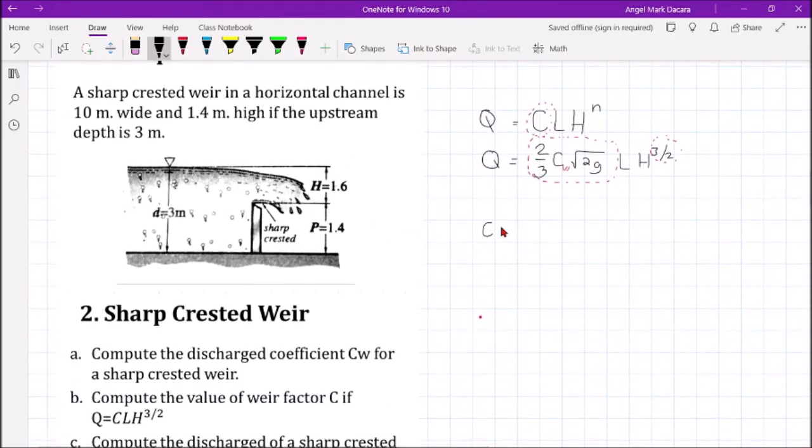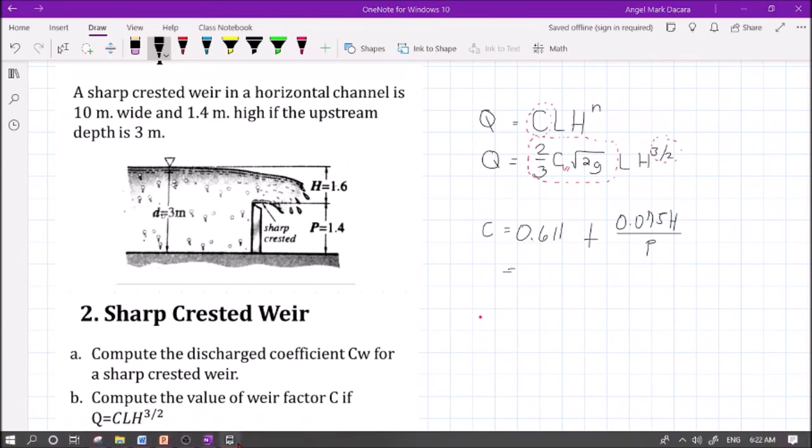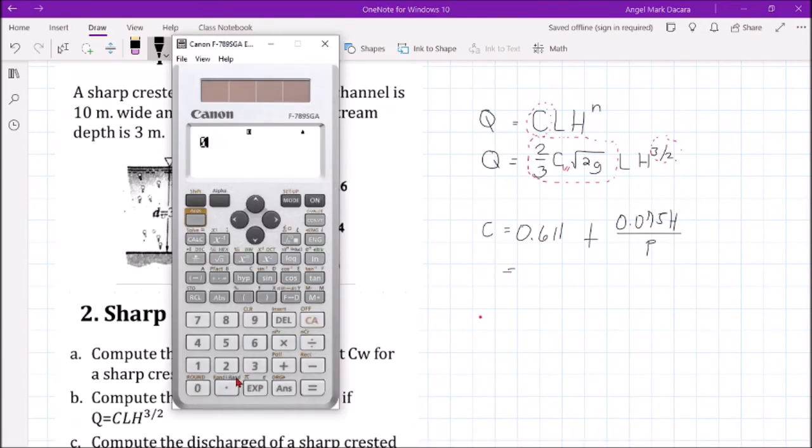So, para dun sa C for a sharp crested weir, that's 0.611 plus 0.075 H over P. So, hindi ko na substitute yung mga values. Let's just substitute sa calculator. So, 0.611 plus 0.075.